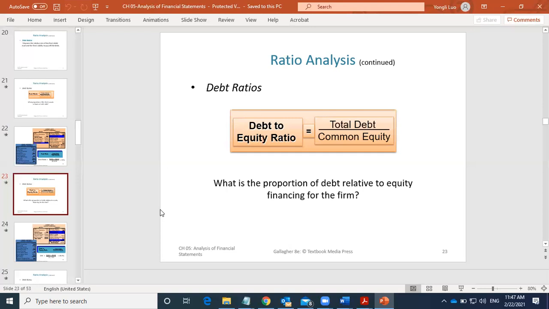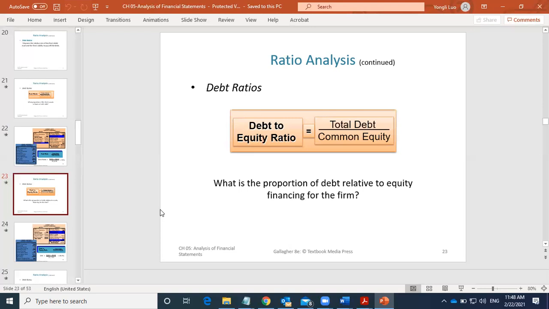For example, say the total debt to total asset ratio is 50%. So 50% of your total assets is debt. What about the other 50%? It is equity. Your total assets can only be two parts, either debt or equity. If 50% is debt, the other 50% has to be equity. If the debt to total asset ratio is 50%, the debt to equity ratio is 1.